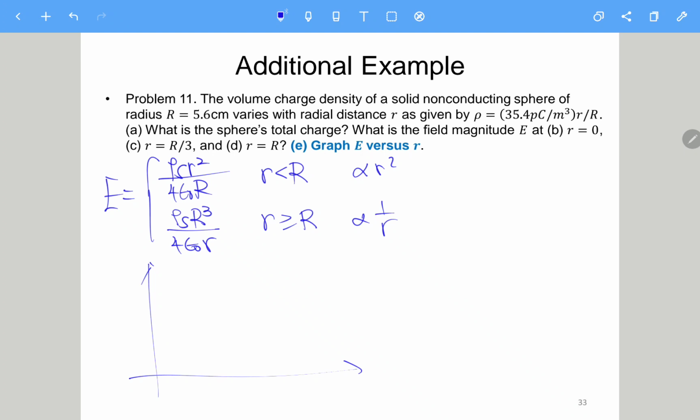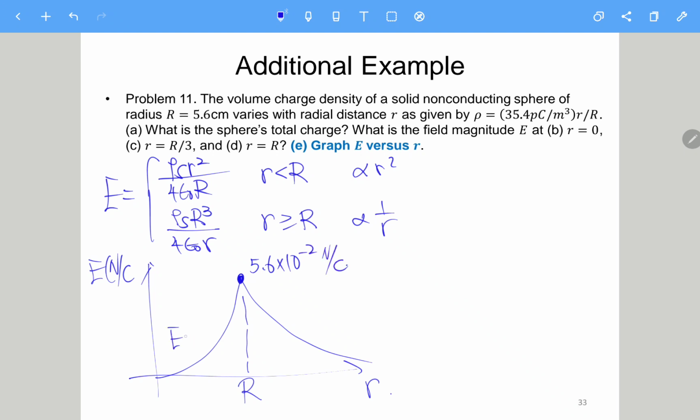So finally, if we try to plot the graph, it will be like this and this. This is capital R. The x-axis is the r axis, and this is E, in Newton per Coulomb. For the middle point, this is 5.6 times 10 to negative 2 Newton per Coulomb.